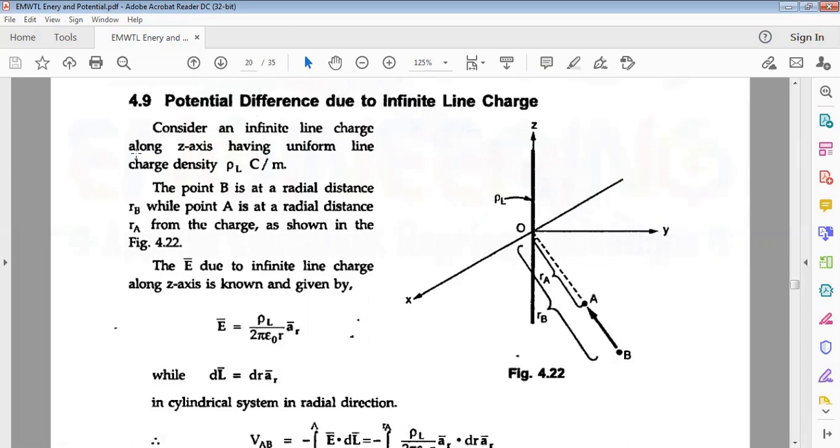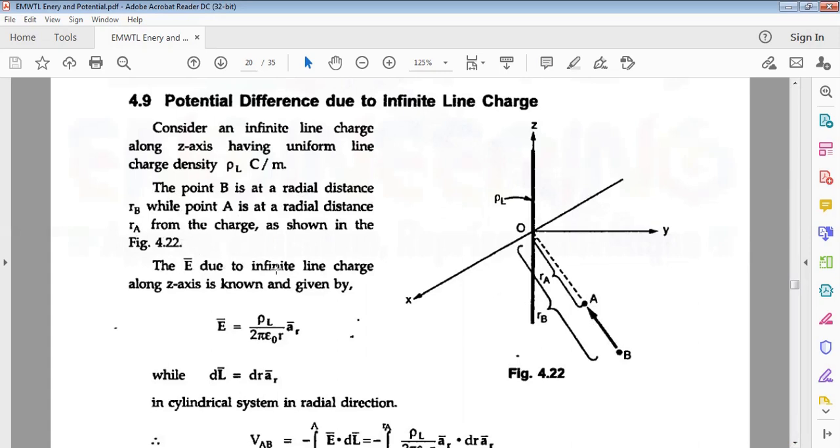Consider the infinite line charge along the z-axis having the uniform line charge density rho L. The point P is at the radial distance RP, while the point A is at the radial distance RA. From point B to the point A is required to move the charge here.